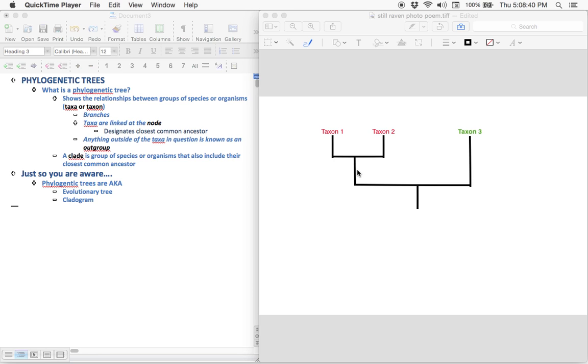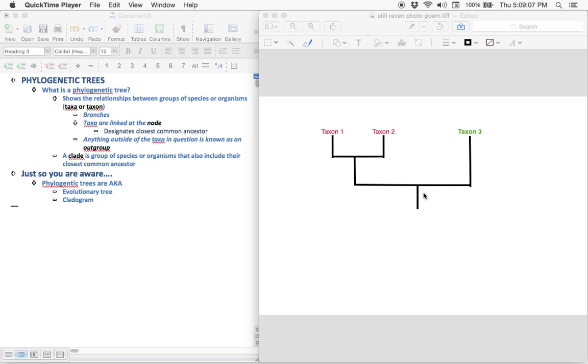The word that we use for that term is a clade. A clade is a group of species or organisms that are related through a common ancestor, and it includes that common ancestor. So this area right here is a clade for taxon 1 and taxon 2 with their common ancestor.